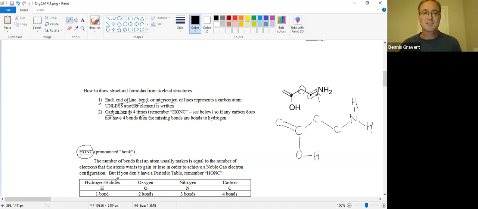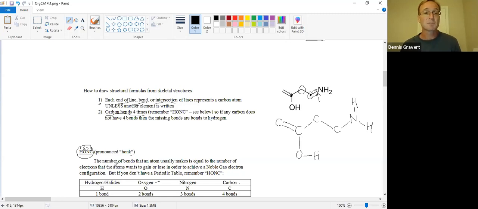The H stands for hydrogen and halides. O stands for oxygen. The N stands for nitrogen, and the C stands for carbon. And then what position of those letters? 1, 2, 3, 4. Hydrogen's the first one. So hydrogen and halides typically only bond 1 time. Oxygen's the second letter. It bonds twice. Oxygen does.